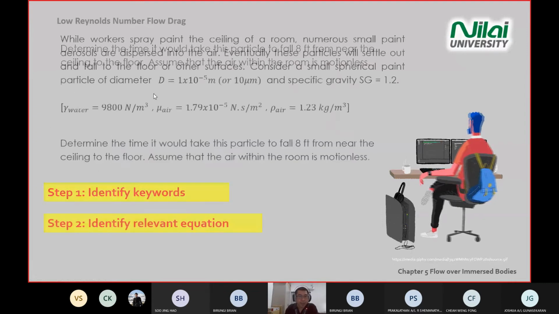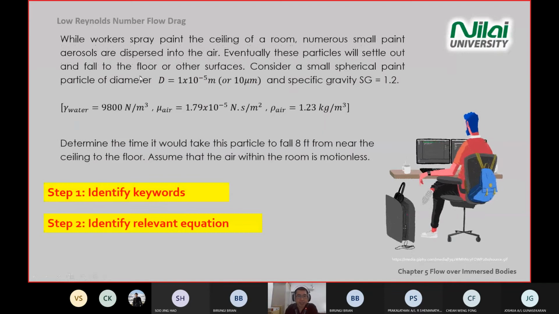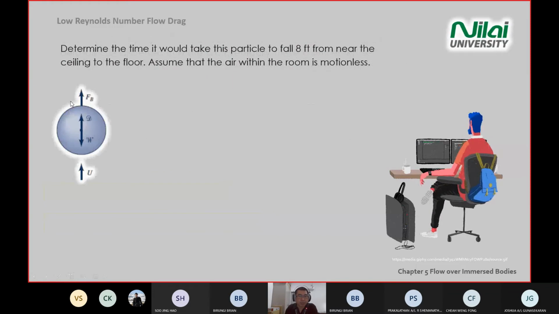Because the question statement tells us that this is a round body, spherical. So we draw a round circle, and then we put in the drag force component on the free body diagram. So we start with the velocity from the bottom, because the particle drops, right? The particle drops from the air onto the floor. So the velocity will pick up from the bottom.